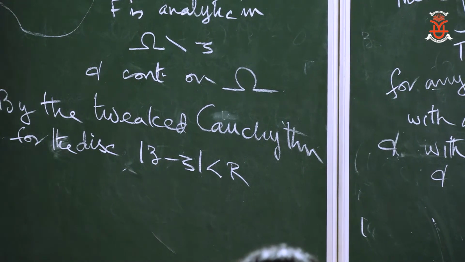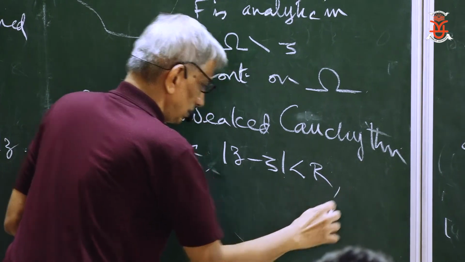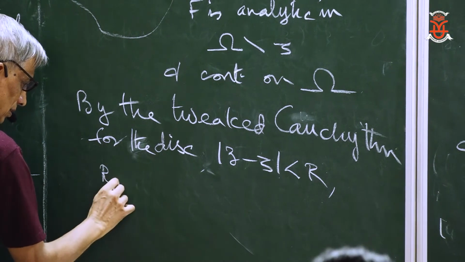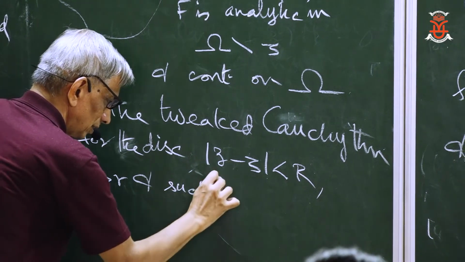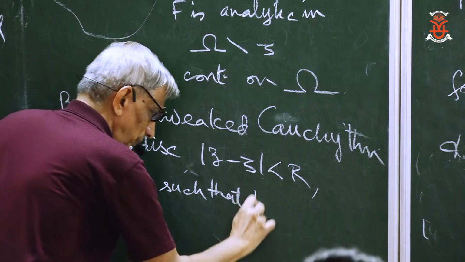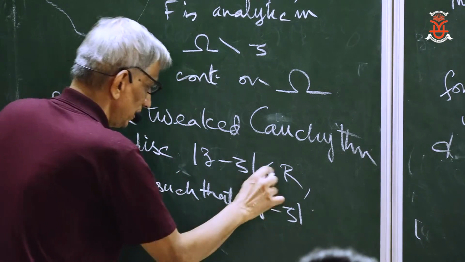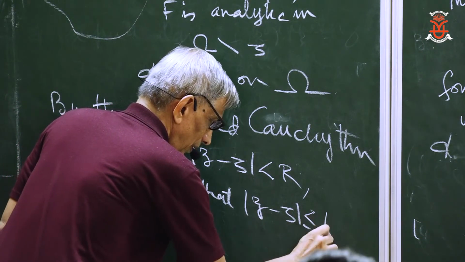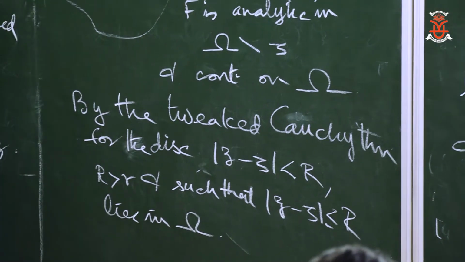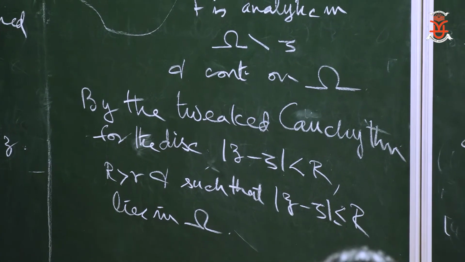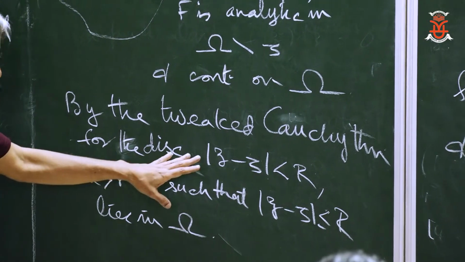This r is bigger than the r here, and such that mod z minus zeta less than or equal to r also lies in omega.